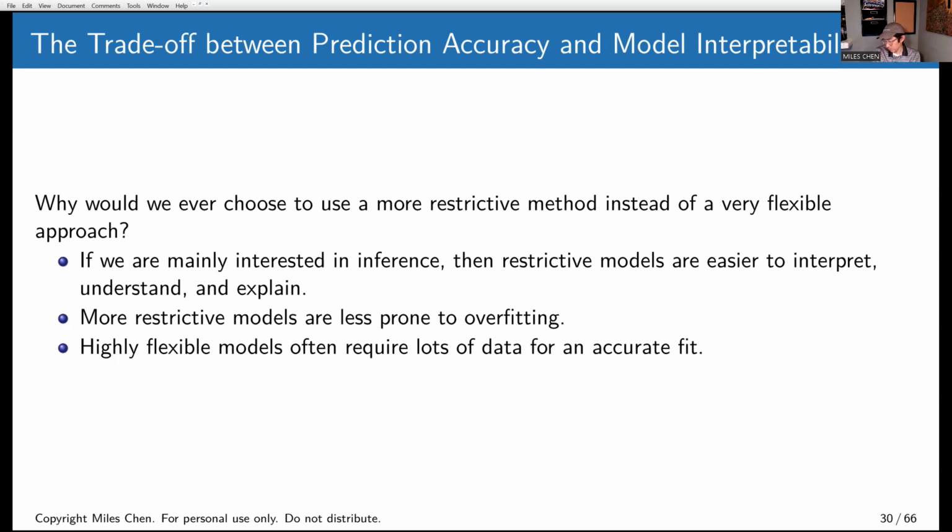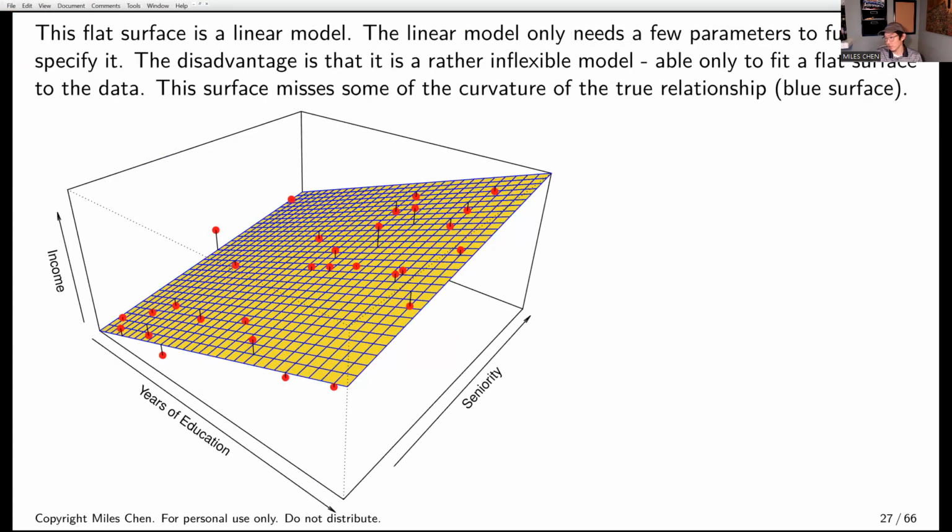Well, there might be some occasions where you want to have that restrictive model. Basically, if your goal is interpretation, restrictive models are a lot easier to interpret. It's easier to understand, easier to explain. It's a lot easier to just say, hey, in general, as people have more years of education, their income increases.